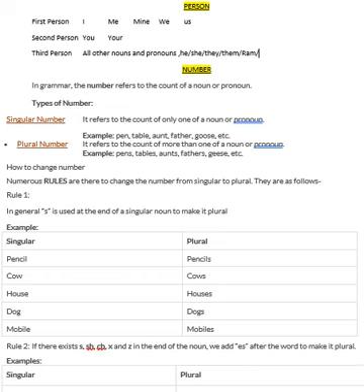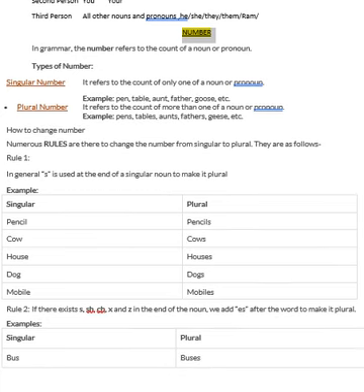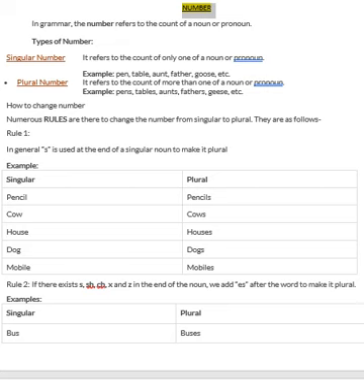Now, the next part is number. This is also another common word in English. Number is related to counting.